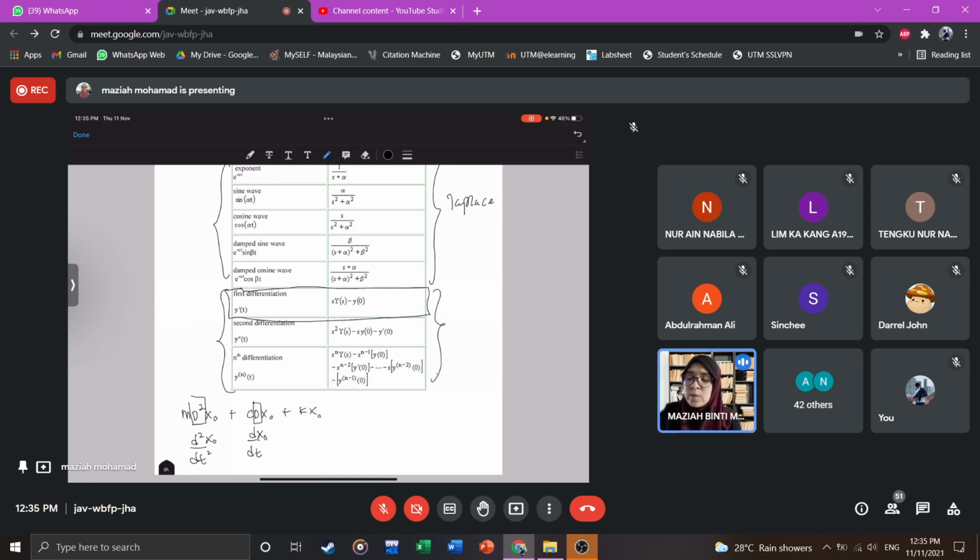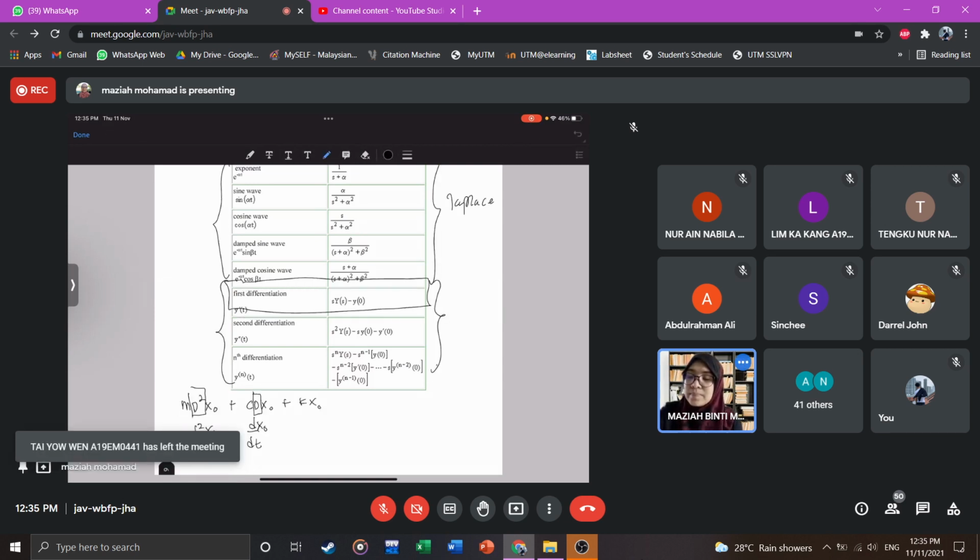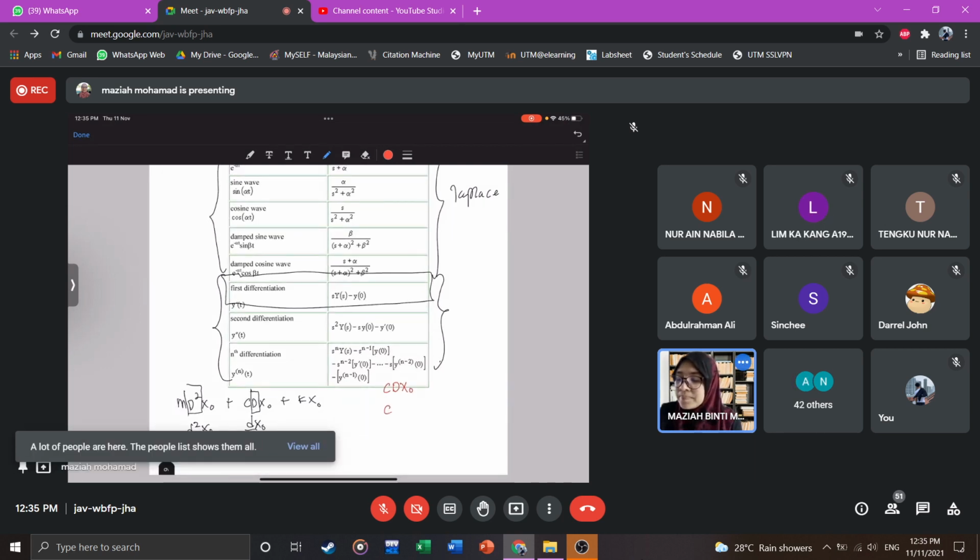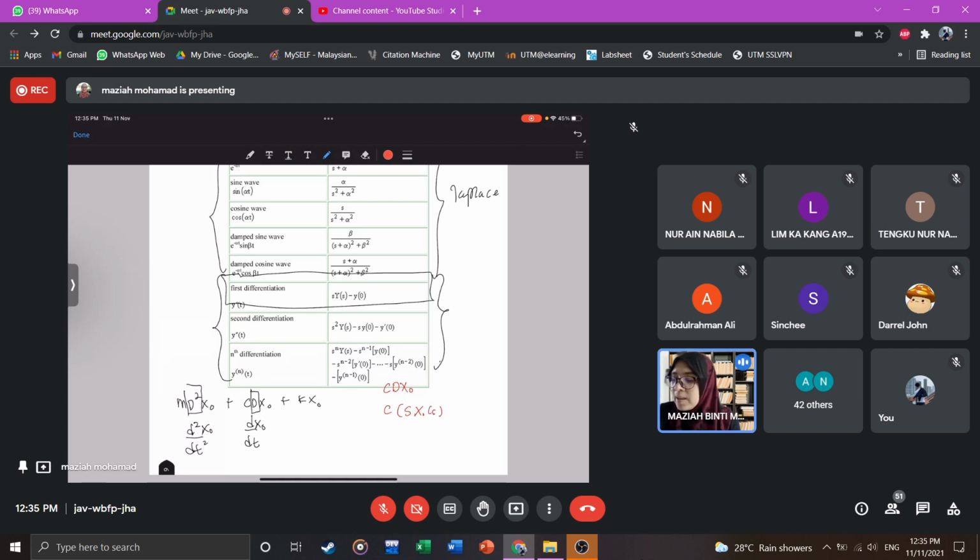So for example, with the first differentiation c d x naught, when we transform into Laplace it becomes c multiplied by s X naught(s) minus x naught(0). That is how we transform from the ODE term c d x naught, into c multiplied by s X naught(s) minus x naught(0).